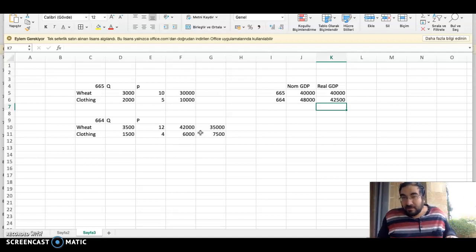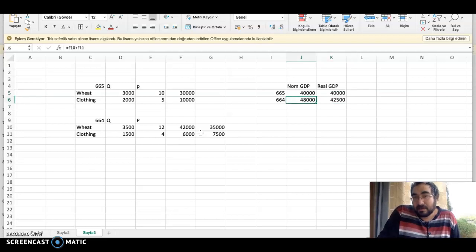We fix a particular type of preference in history, basically. That preference itself might have changed. But anyway, when we do that, our GDP has decreased from 48,000 to 42,500. Obviously, because wheat is less valuable in this case, and wheat was the thing that has increased.